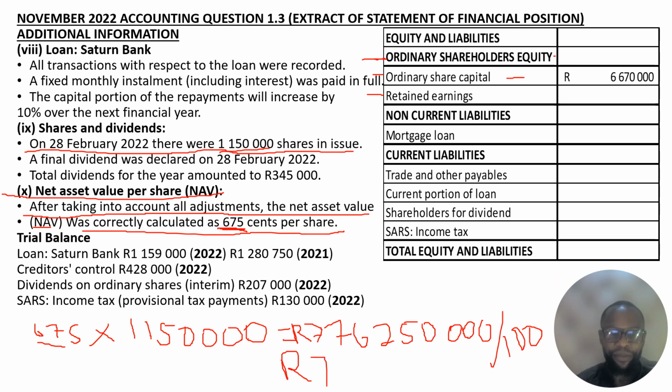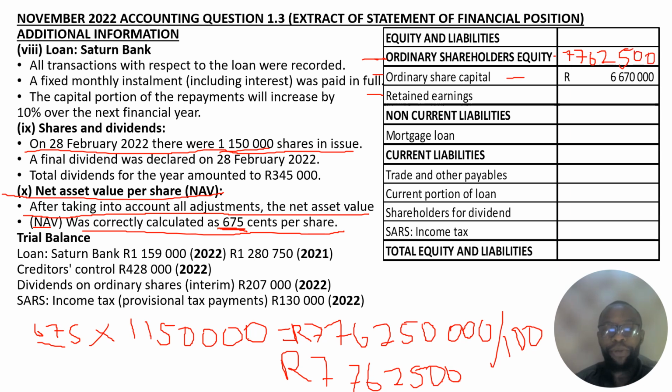It's 7,762,500. So meaning here on ordinary shares we have 7,762,500.